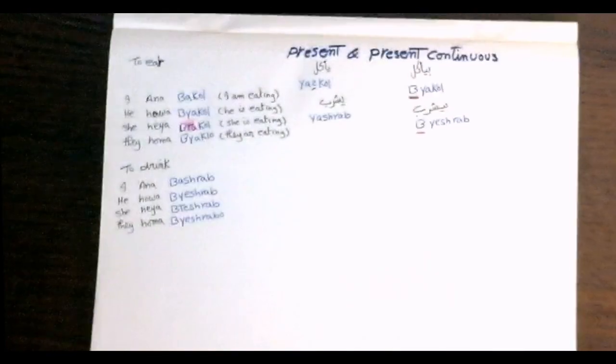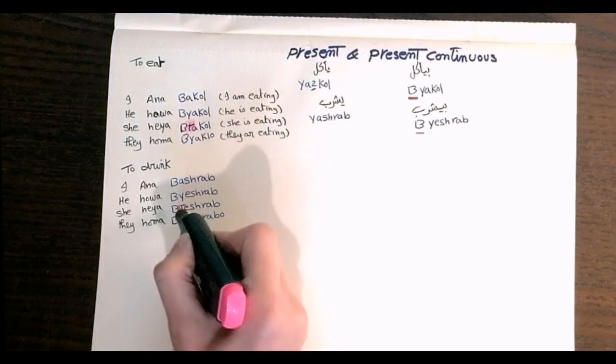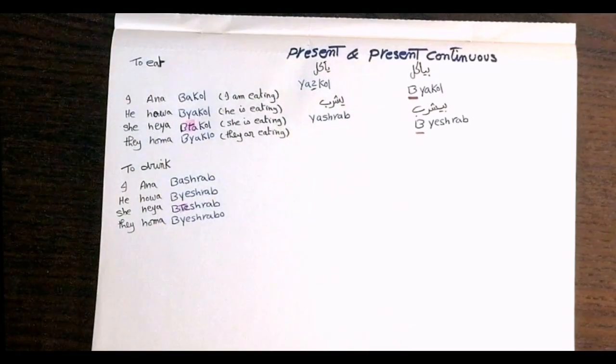Like the T for the female pronoun she. بتاكل, بتشرب. And the O at the end for the plural they.